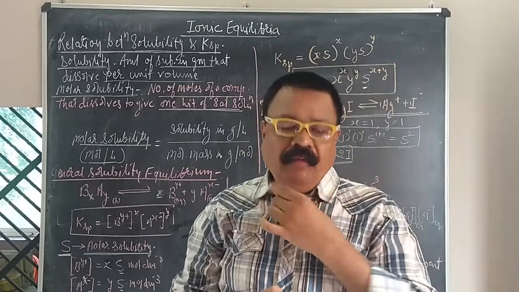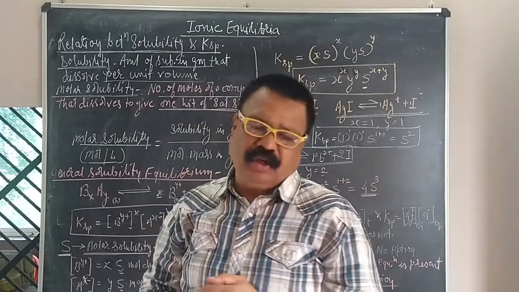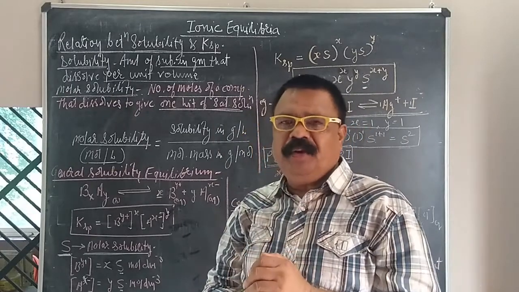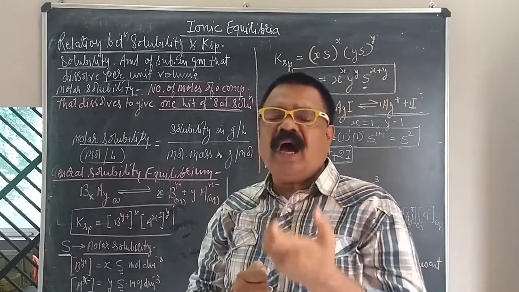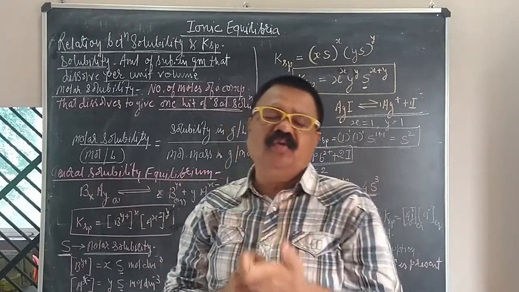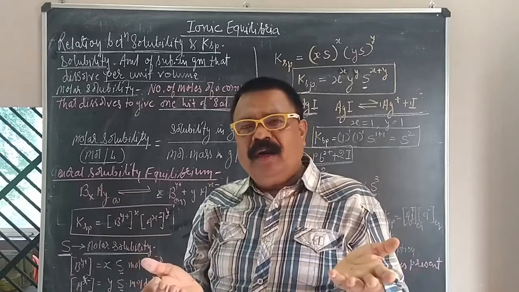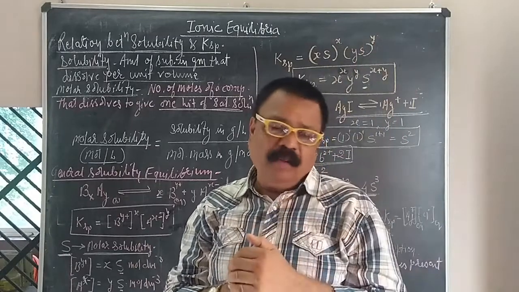Now we come on the precipitation processes or the conditions for the precipitation. Now for the condition of the precipitation we are focusing on two terms. One is known as the ionic product and the other is known as the solubility product. अब ionic product हमने पढ़ा तो है. Ionic product of water भी हम लोगों ने पढ़ा है.